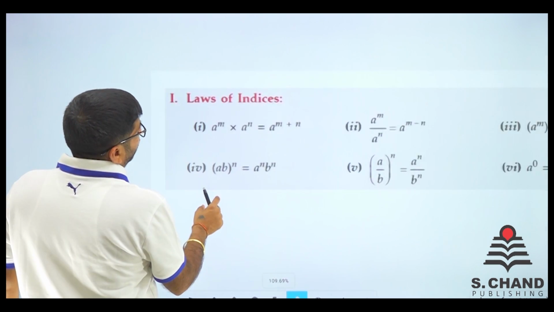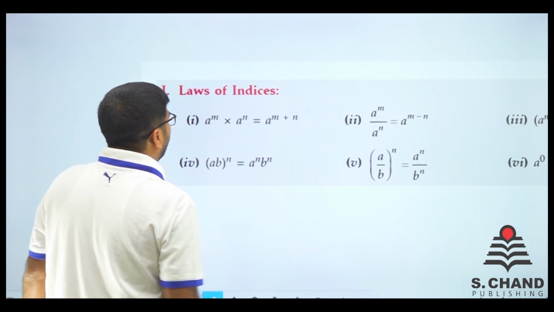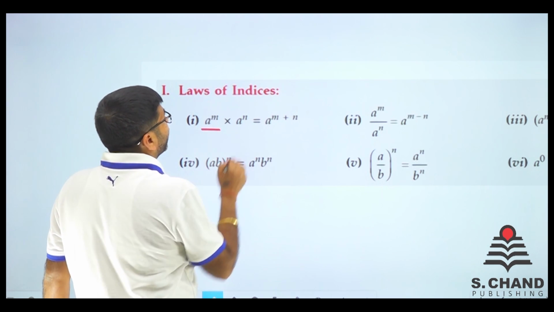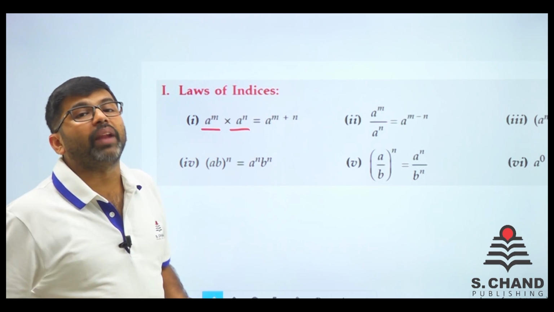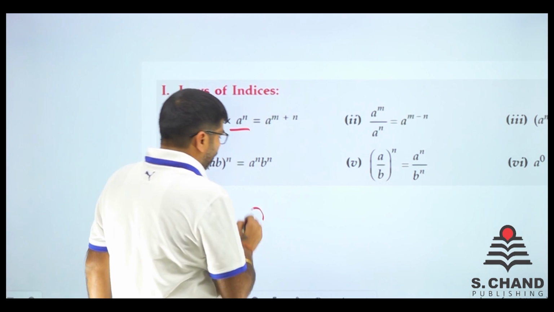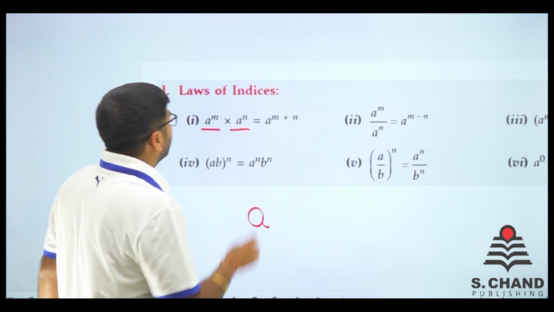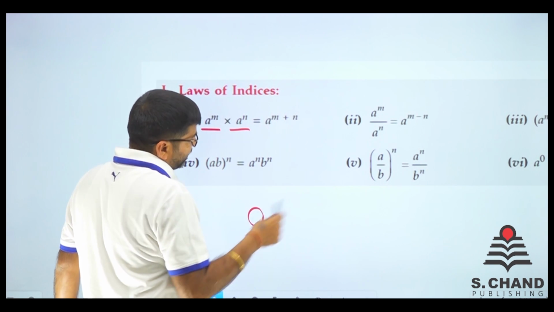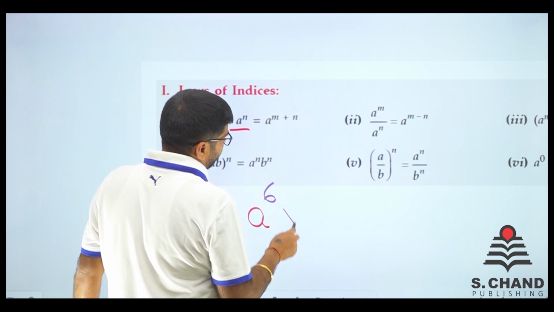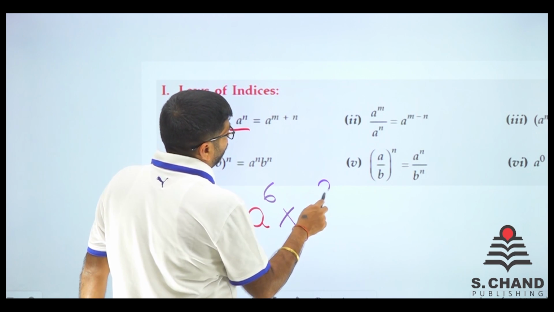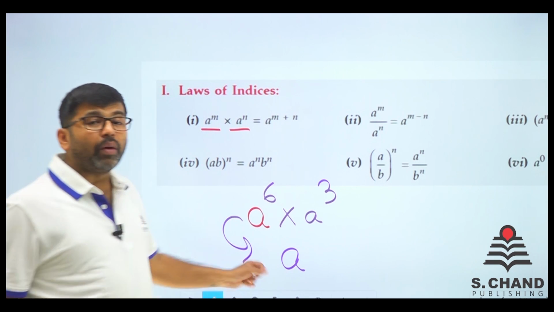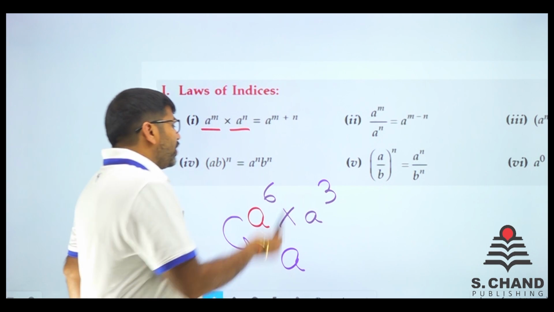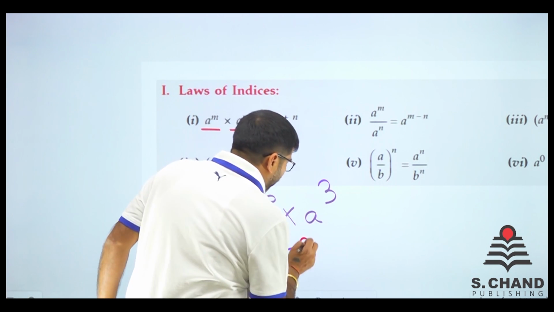Here we go. The first formula is a raised to power m and a raised to power n. If they are multiplied and the base is the same, then just add m and n. For example, a raised to power 6 and a raised to power 3: make the base a, add 6 plus 3, and it will be a raised to power 9.